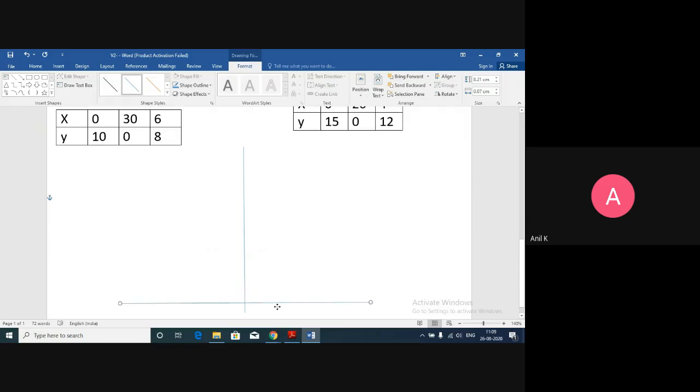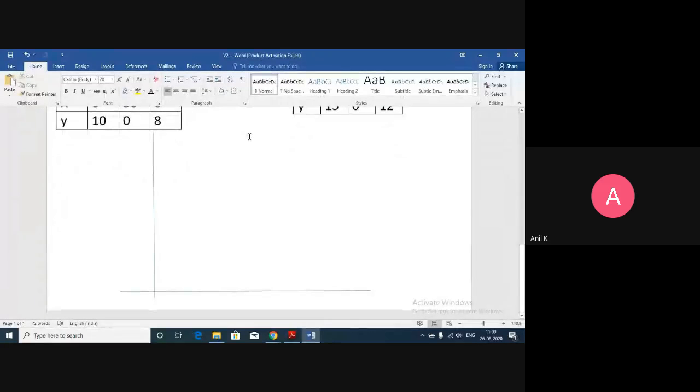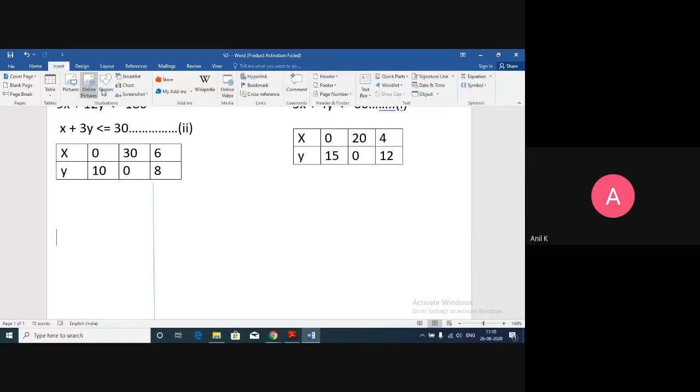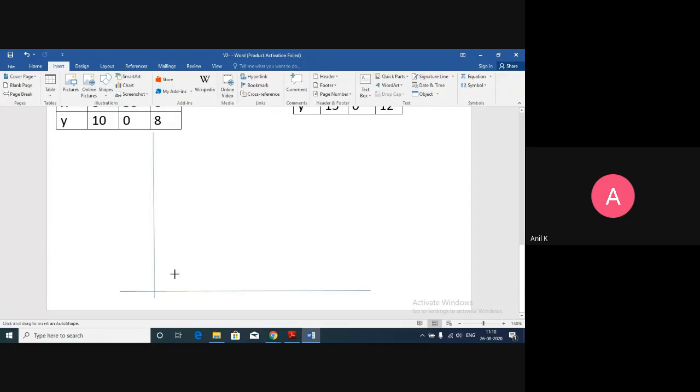So I don't require much about the negative x-axis or negative. Till 30. So what we do is we'll take 5, 6, 10, and so on. So for one graph I'll draw so that you can understand it easily. This is 5.